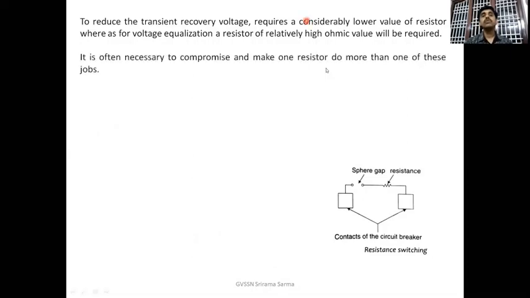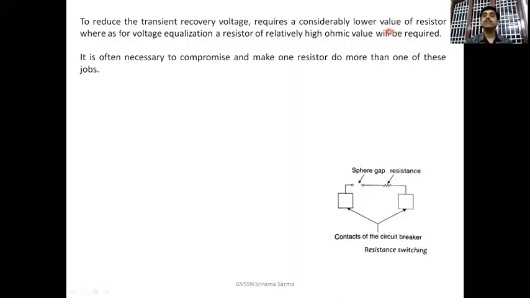So, to reduce the transient recovery voltage requires a considerably low value of the resistor, so that most of the current is diverted through this resistance. At the same time, for voltage equalization, a resistor of relatively high ohmic value is required. There are two conflicting requirements.